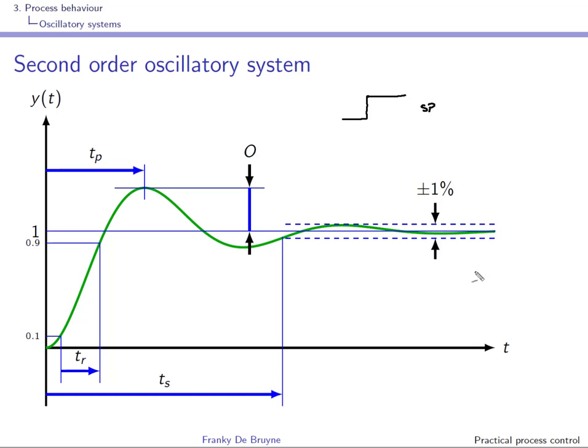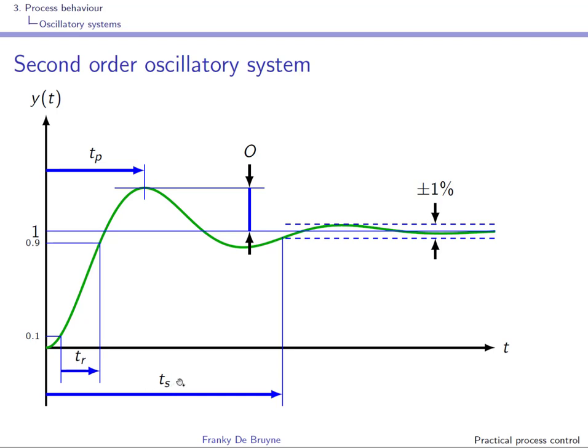Very often the closed loop step response is used to characterize the performance of the controller, in terms of the rise time, the settling time, and the overshoot. The rise time is defined as the time that is needed for PV to go from 10% of its steady state value to 90% of its steady state value.